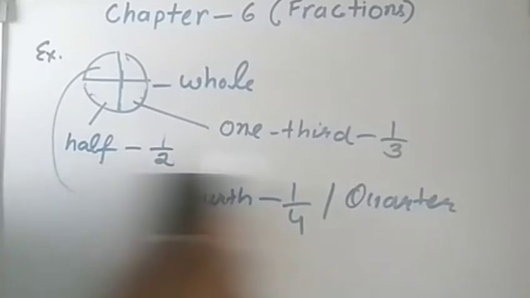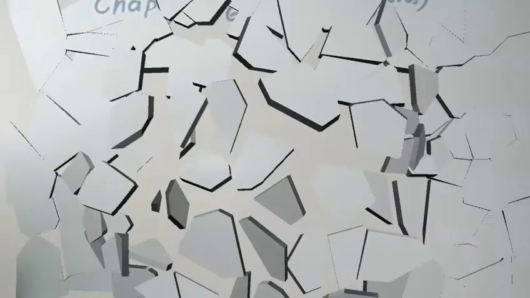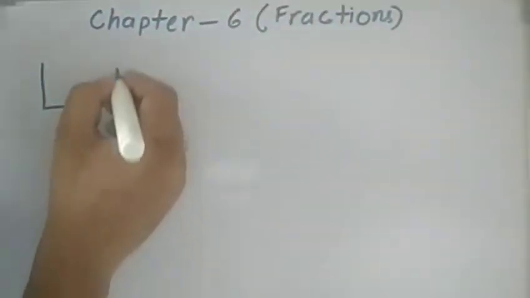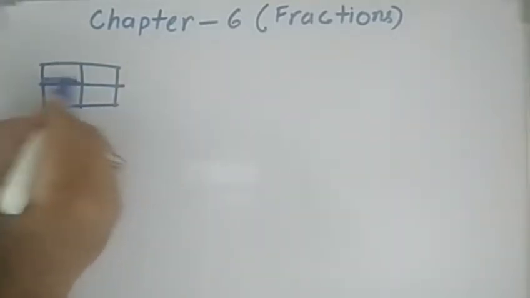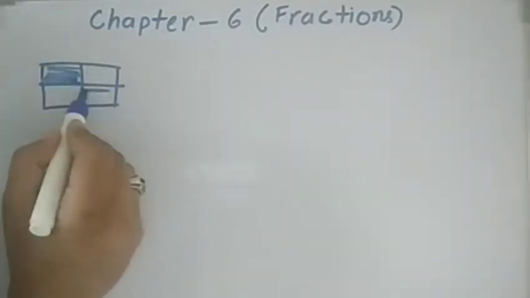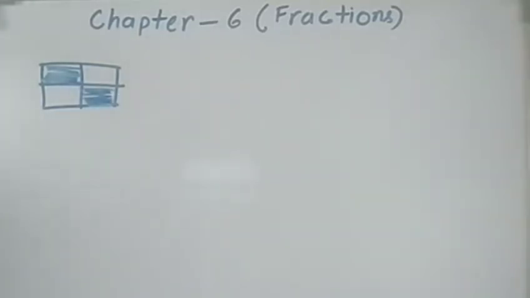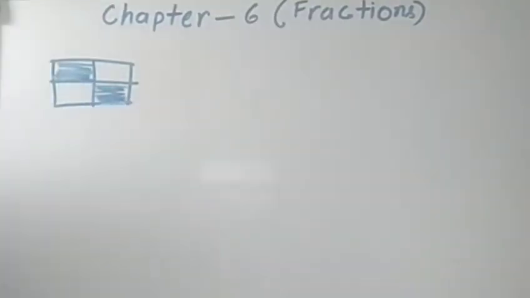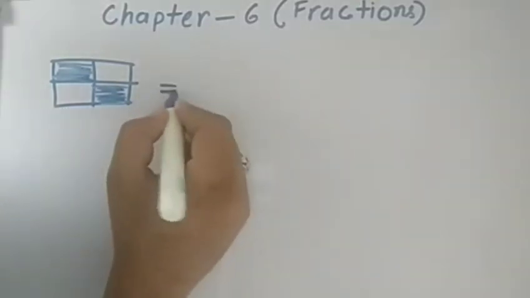Now let us take some examples of fractions. The question is given like this, and this part is shaded and this part is also shaded, and we have to write the fraction of the shaded part. So how can we write the fraction of the shaded part?